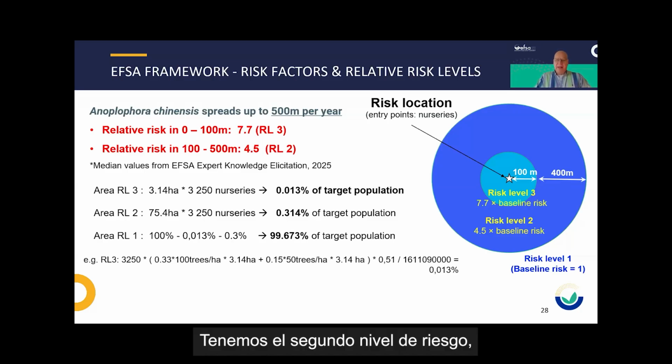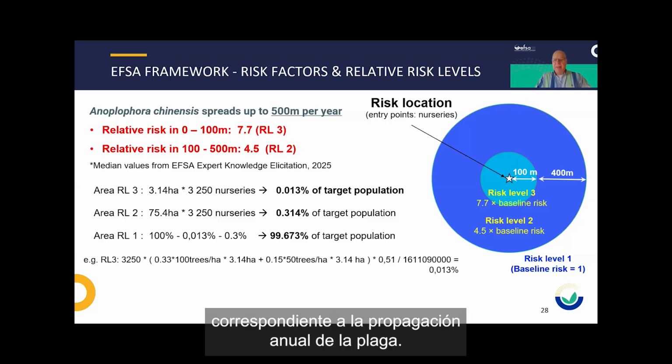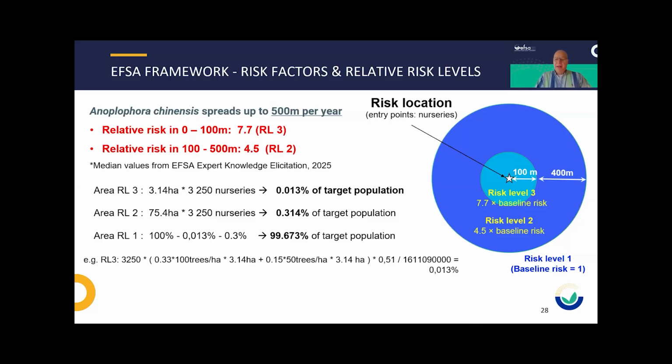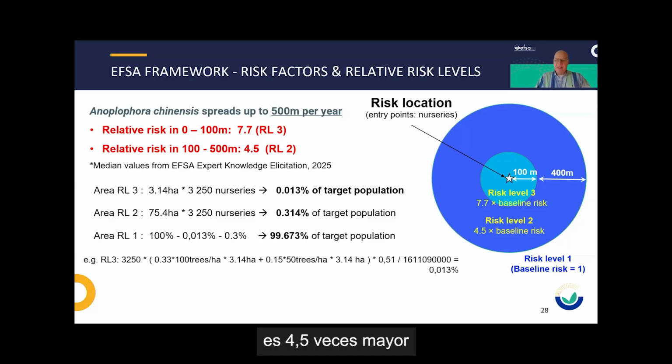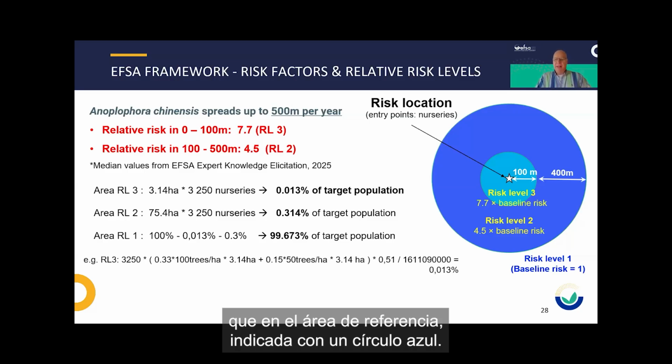Then we have a second level risk area, which stretches from 100 meters distance to the nursery until 500, which is the estimated spread per year of the pest. In this, the experts assume that the risk of pest presence is 4.5 times higher than in the baseline area.